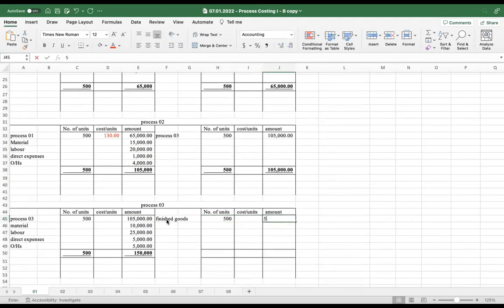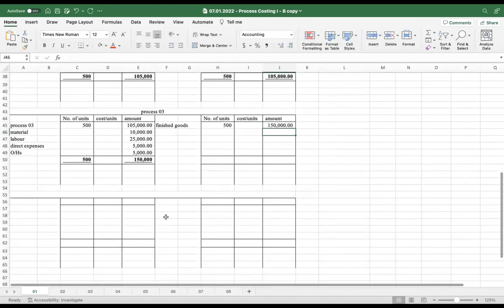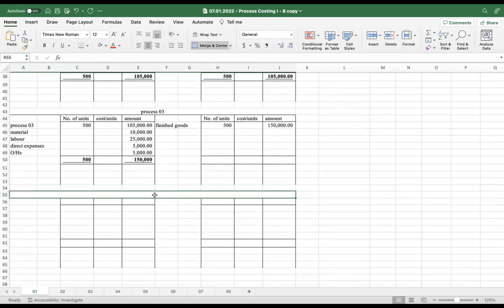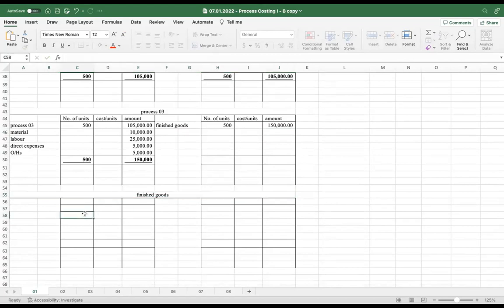Amount would be 150,000. Okay? Now we need to prepare the finished goods account. Right. So here, input the same data, number of units, cost per unit, and amounts.